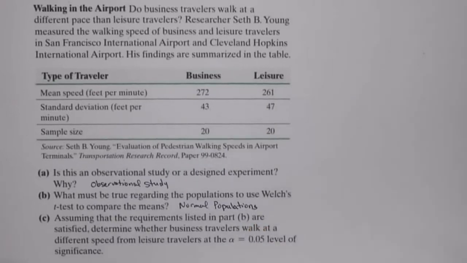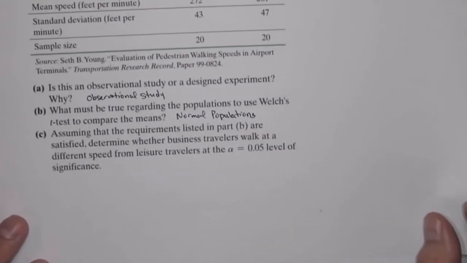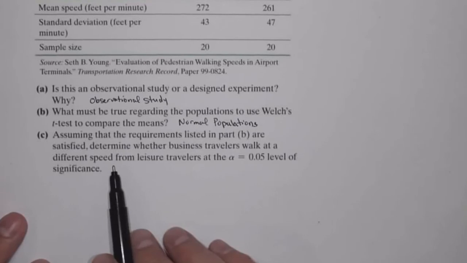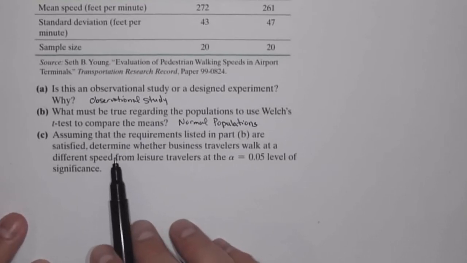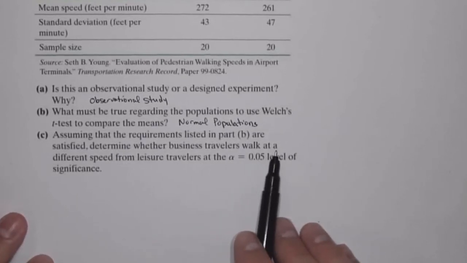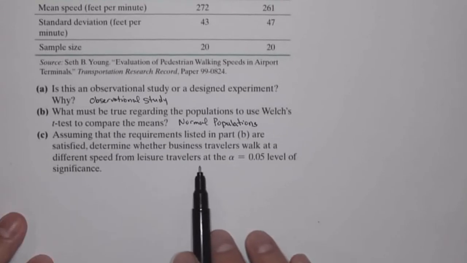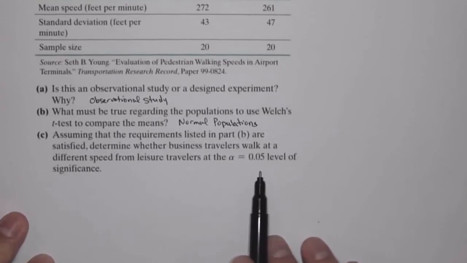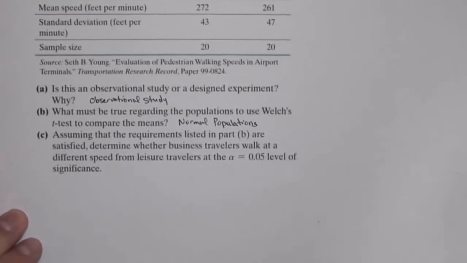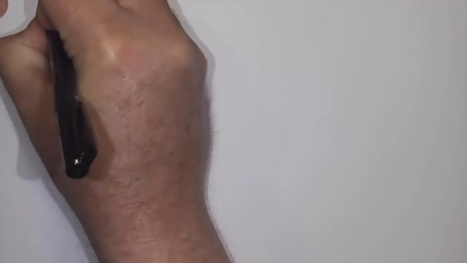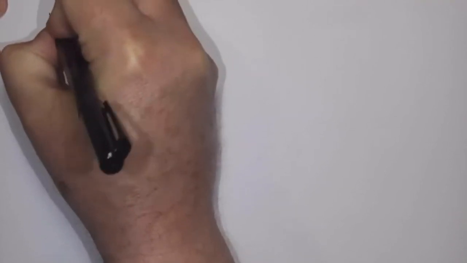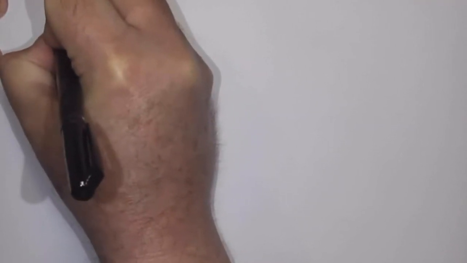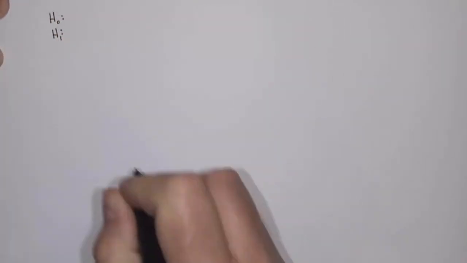Now, assuming that these requirements are met, we want to conduct a hypothesis test to determine whether business travelers walk at a different speed from leisure travelers, and we're going to use an alpha equals 0.05 level of significance. So, we need to start by establishing our null and our alternative hypothesis.